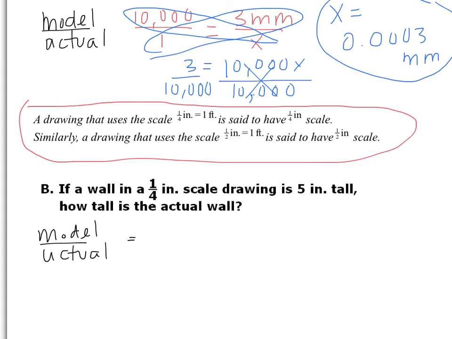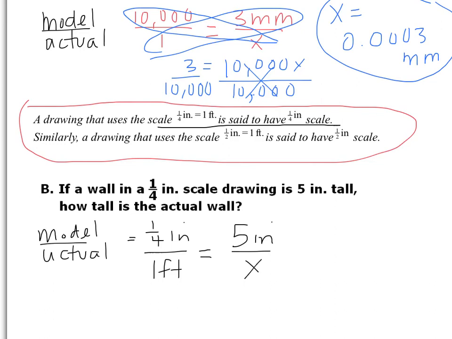So we have a quarter, they just told us, remember 1/4 inch scale is 1/4 inch to 1 foot. So 1/4 inch is going to go in my numerator, and 1 foot will go in our denominator. And then since the model is 5 inches, I need to put 5 inches up on the numerator, and the actual we don't know, so we just put a variable. You can pick whatever variable you want.